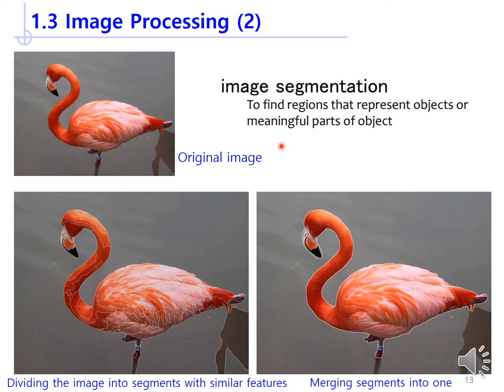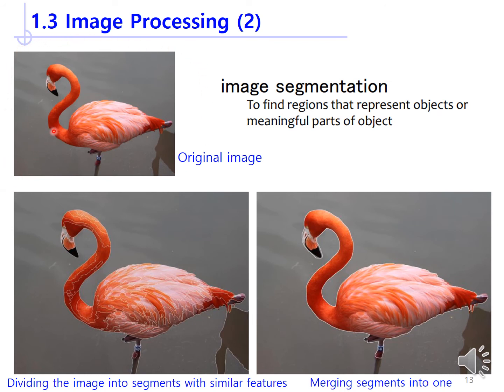Image segmentation is the second application area of image processing. Image segmentation is used to find the regions that represent the object or meaningful parts of the object.